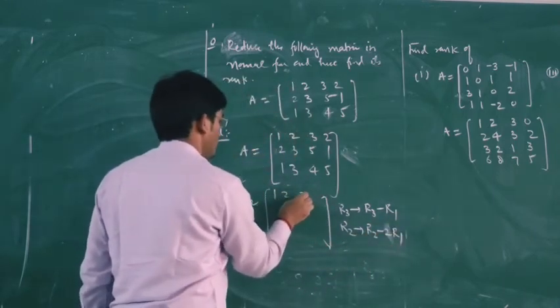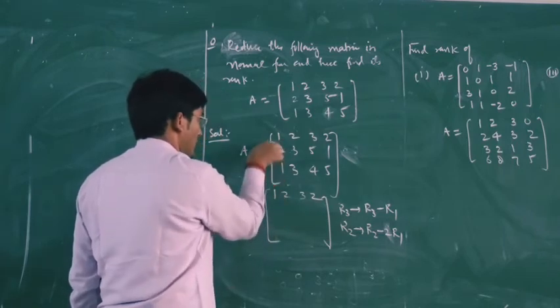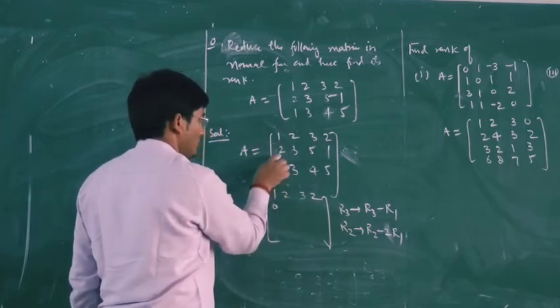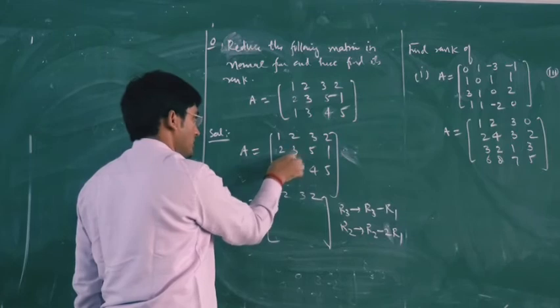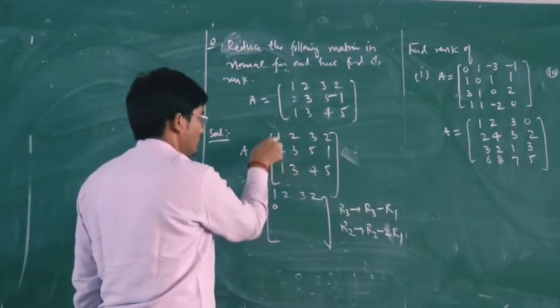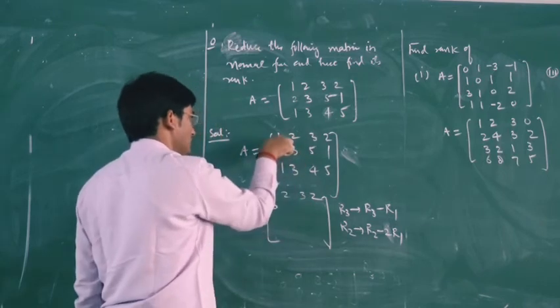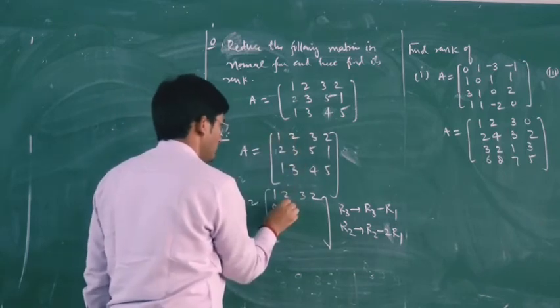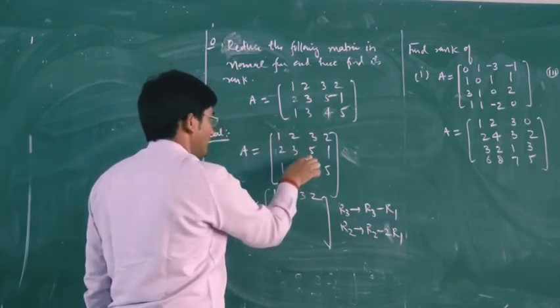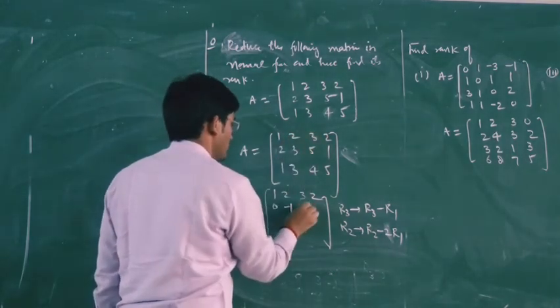So we have 1 2 3 2. So R2 minus 2 R1 will be 0. Then we will have 3 minus 4. R2 minus 2 times R1 will be 0. Then here we will have 3 minus 4. This is again minus 1. Then we will have 5 minus 6 will be minus 1.